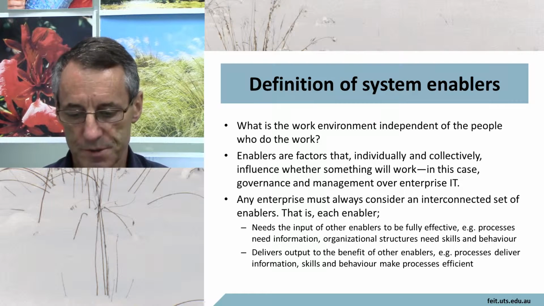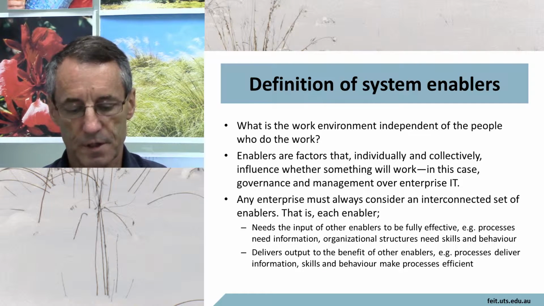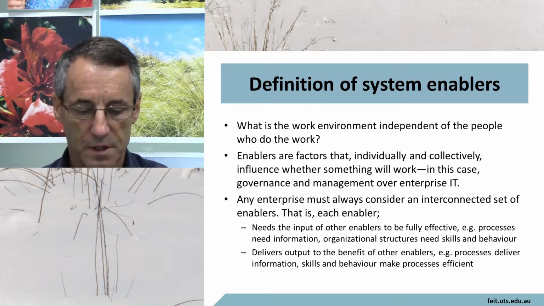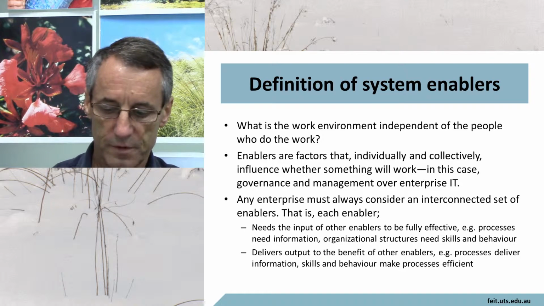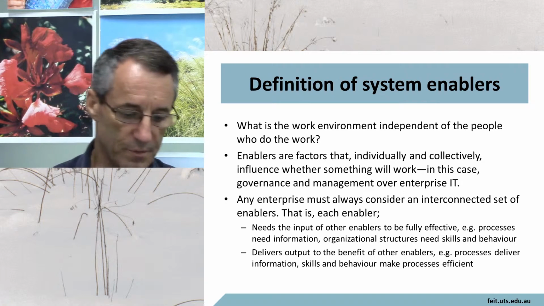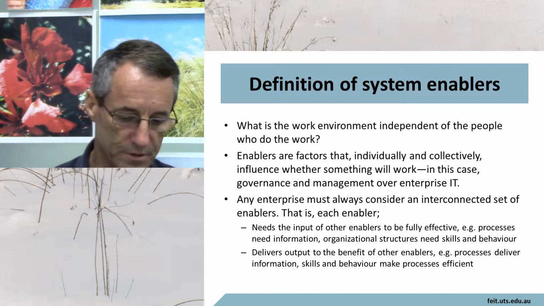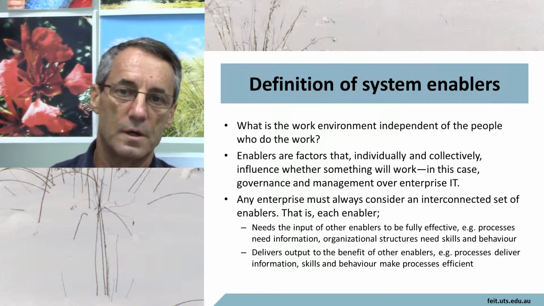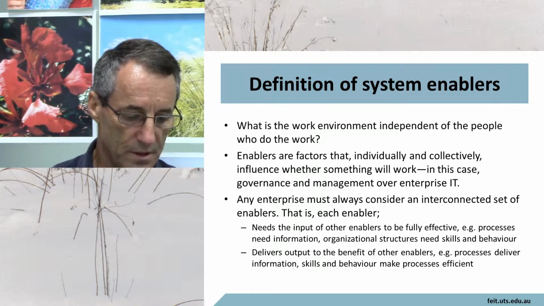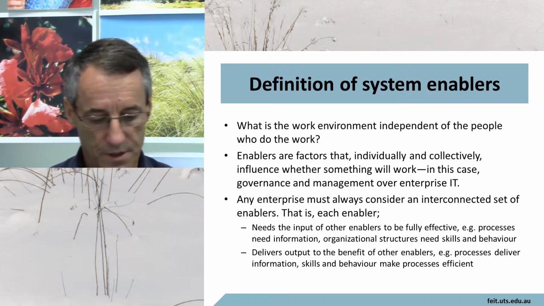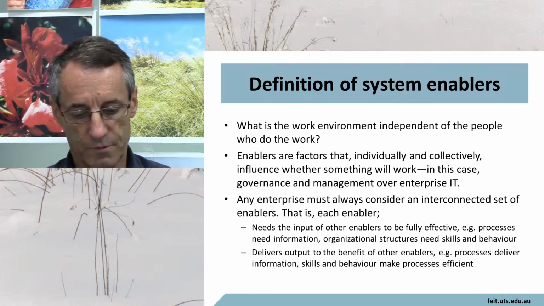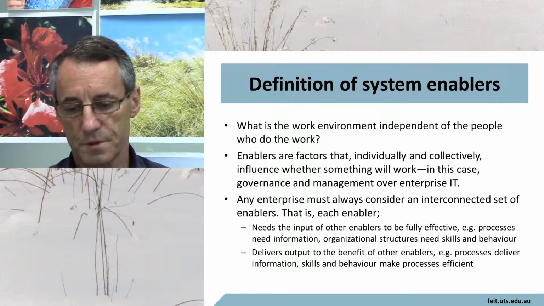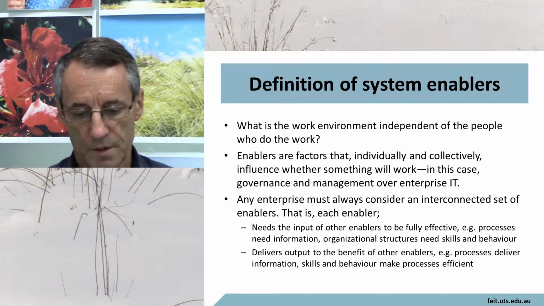Any enterprise must always consider an interconnected set of enablers. That is, each enabler needs the input of other enablers to be fully effective, like processes need information, organization structure needs skills and behaviors, and so on. Each enabler delivers output to the benefit of other enablers. For example, processes deliver information, skills and behavior make processes efficient, and so on.